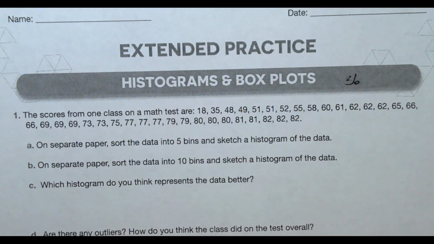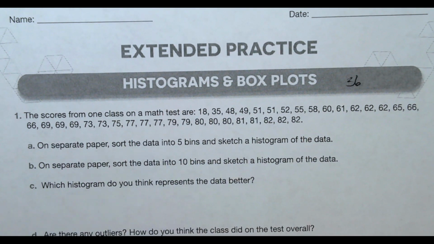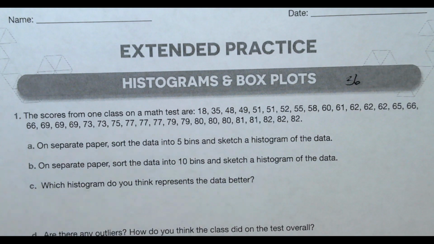We're going to take that data and create a histogram with 5 bins and a histogram with 10 bins. If you don't really know what I'm talking about, definitely go to Canvas, watch that video, and then I think you can do this sheet a whole lot better, okay?